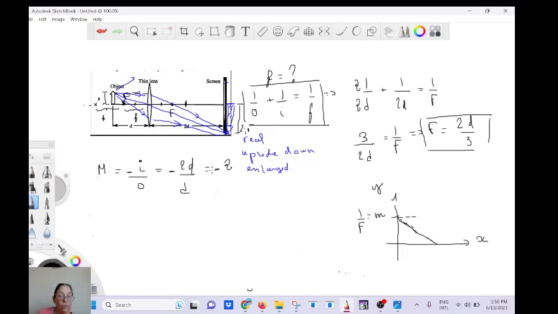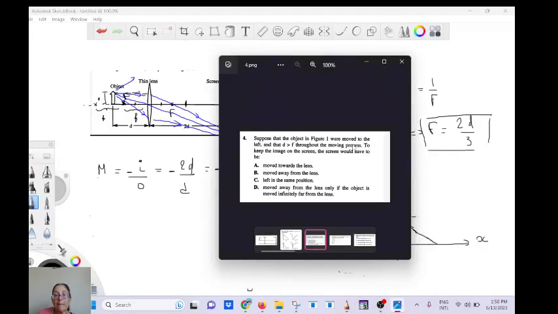Okay. So number 4. So now we move that object to the left. And we want to keep the image on the screen. So how are you going to move the screen?